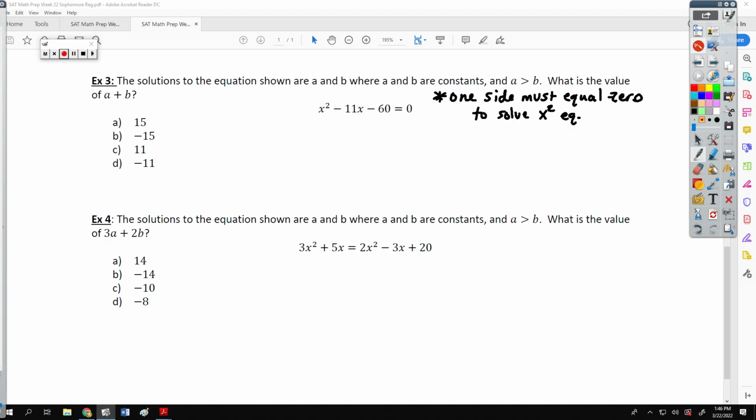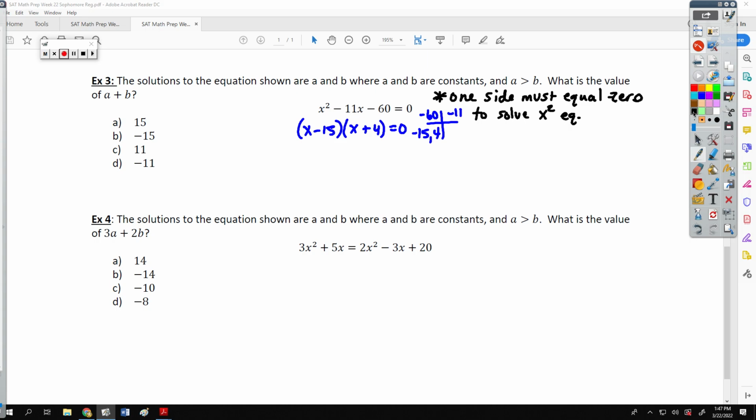Once we do that, which is already done here in this example, then we are simply factoring. We're looking for 2 numbers that multiply to negative 60 and add to negative 11. That would be negative 15 and positive 4. So this factors into x minus 15 and x plus 4. So that turns this equation into x minus 15 times x plus 4 equals 0.